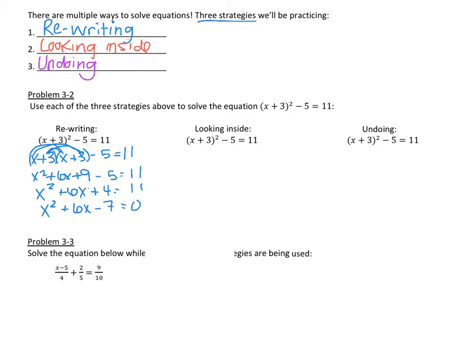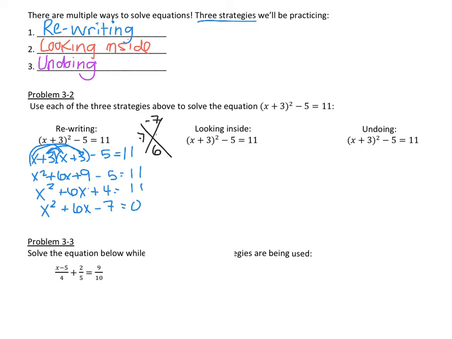Now to solve this, I'm looking at a quadratic, and here I would factor. So to factor, again, I would use a diamond, negative 7, and needs to add to 6. So I need 2 numbers that multiply to negative 7. My only options are 7 and 1. But since I want it to add to 6, it would be positive 7 and minus 1.